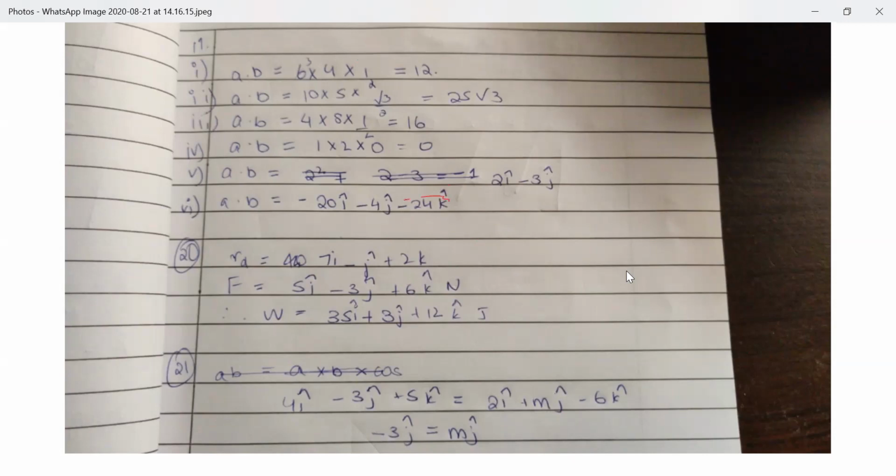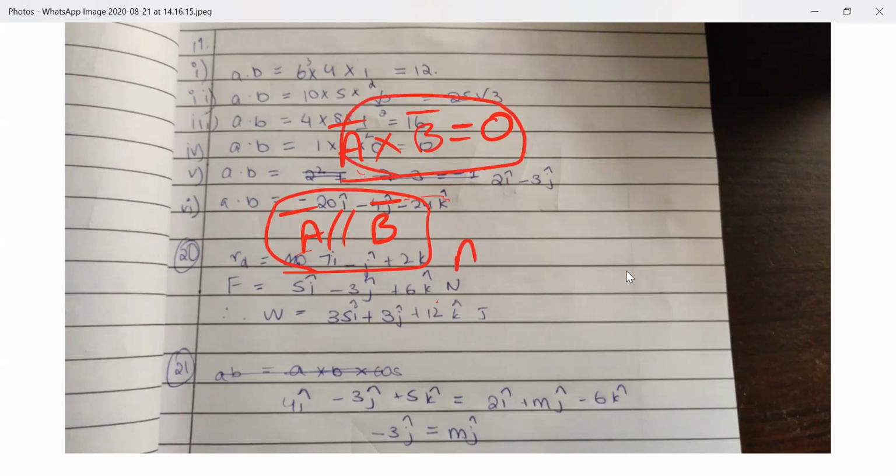The cross product will be 0 when they are parallel, since sine theta is 0. When A vector and B vector are given and they say both are parallel, they will give one coefficient to find out. So you have to use this concept: A is parallel to B means A cross B is 0. That is AB sine theta is 0.